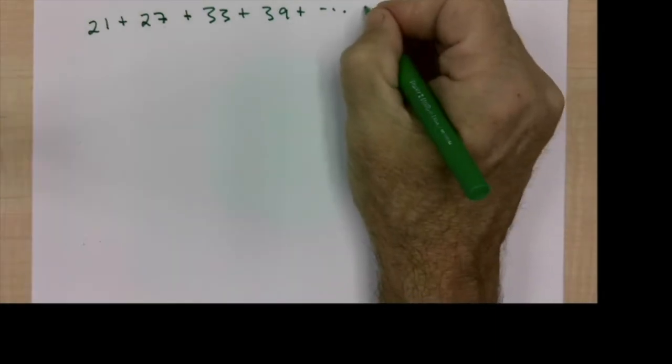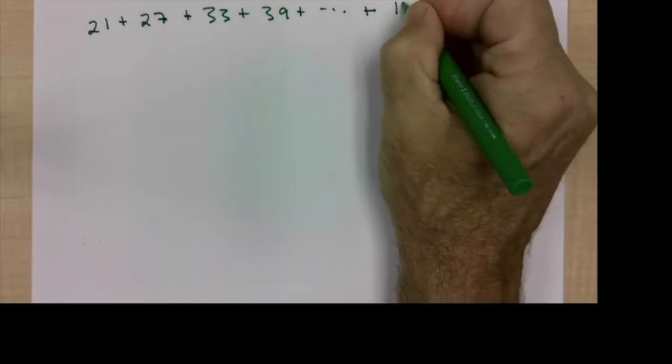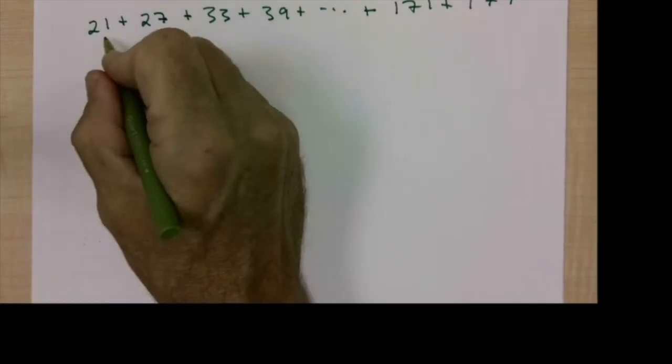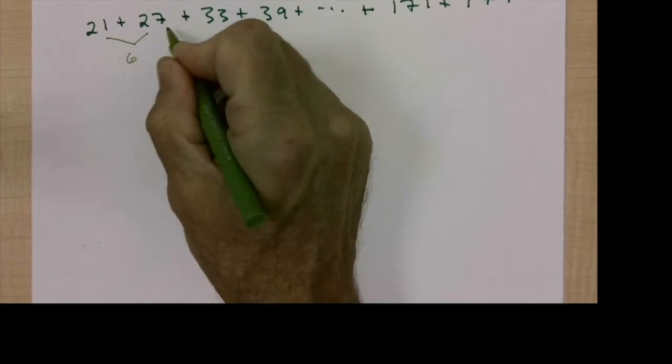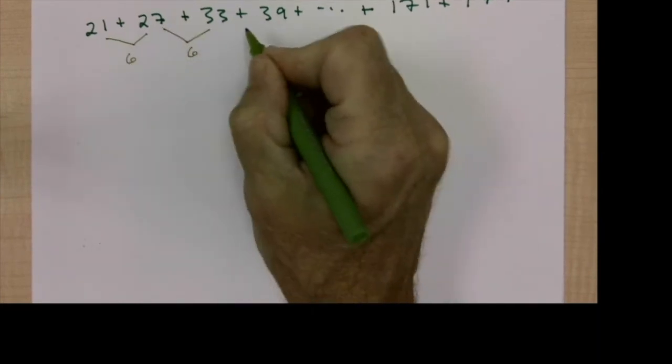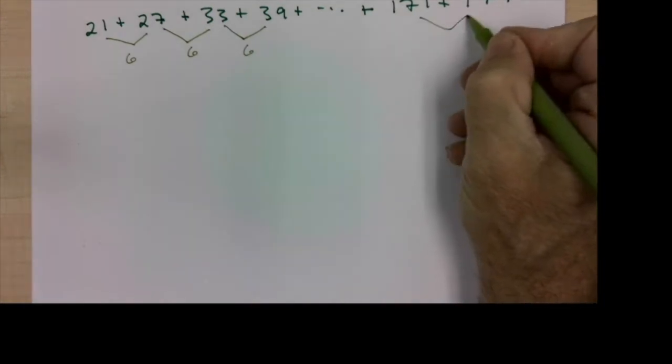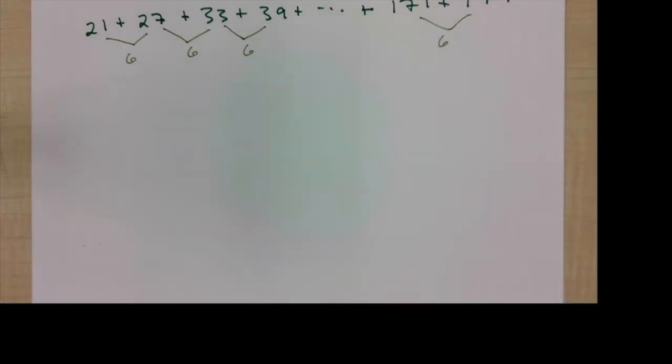Let's go to 177, so plus 171 plus 177. We want to check to make sure that this really is an arithmetic series. Is there a common difference that maintains itself throughout? 21 to 27 is up 6. 27 to 33 is up 6. 33 to 39 is up 6. 171 to 177 is up 6.